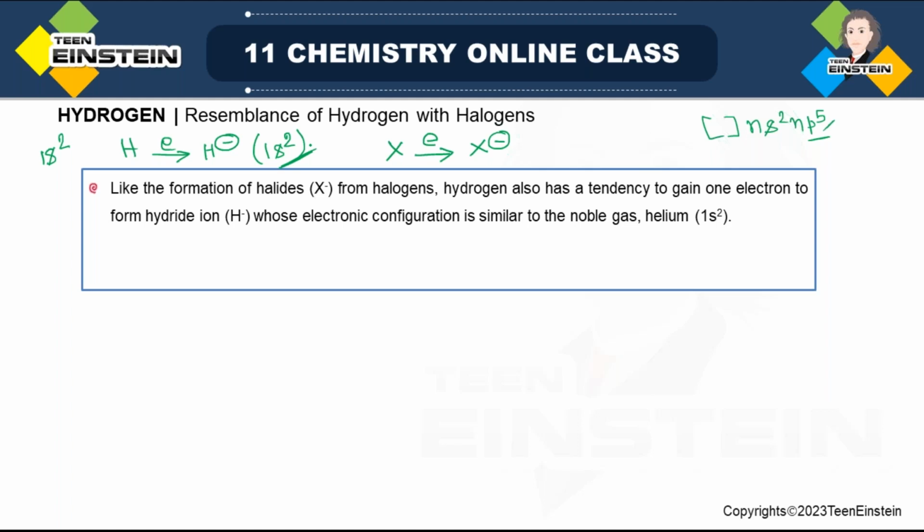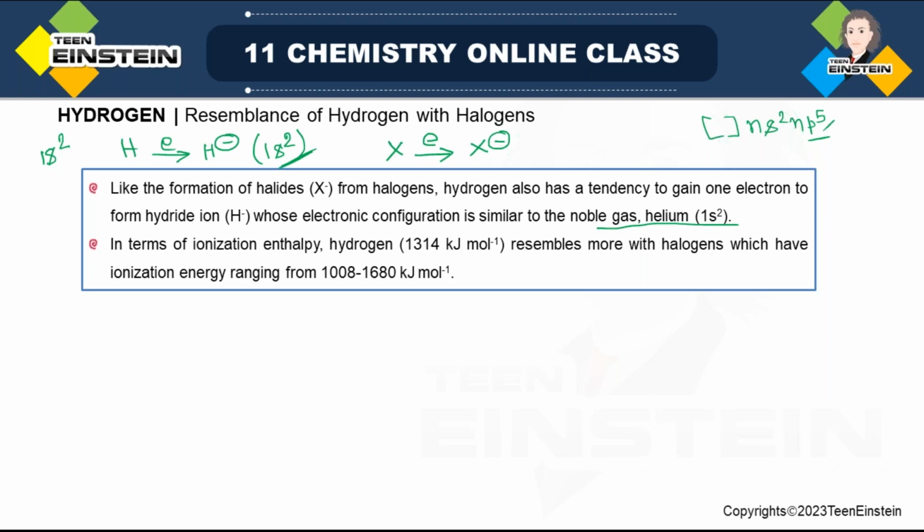With 1s2 it is a fully filled configuration, the maximum capacity is reached, and that is obviously a more stable species. This is the driving force why hydrogen can also accept an electron just like a halogen. Its electronic configuration is now that of the next noble gas, helium.